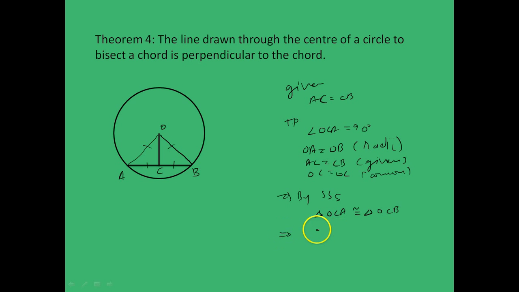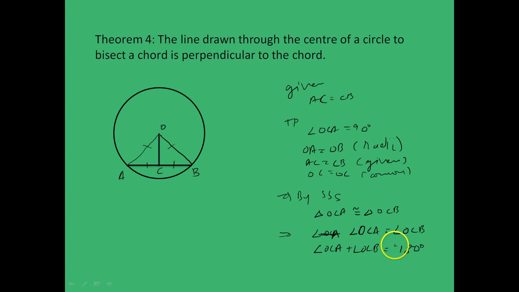This implies angle OCA is equal to angle OCB. We also know that because AB is a straight line, these two form a linear pair of angles. So angle OCA plus angle OCB is equal to 180 degrees.